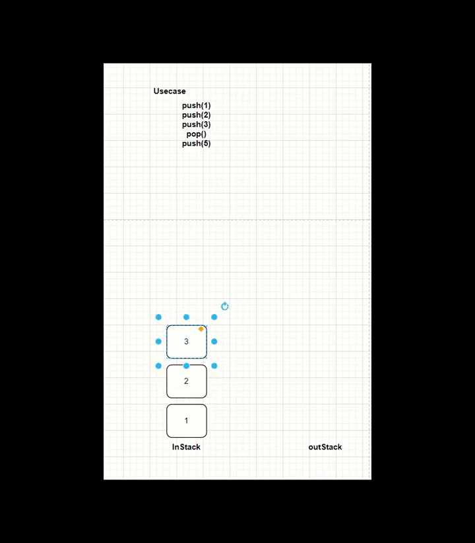Now comes the pop operation. When we are performing pop operation or DQ operation, we see that until in stack is empty, we take every element from in stack and push it into out stack.